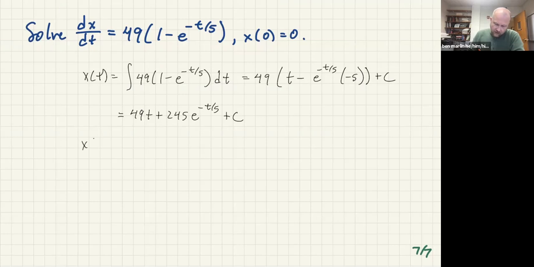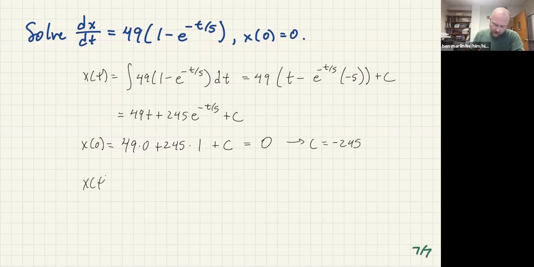And then you'd say, well, my x of 0 needs to be 49 times 0 plus 245 times 1 plus c, and I wanted that to be equal to 0. And that being the case, my c had better be negative 245.